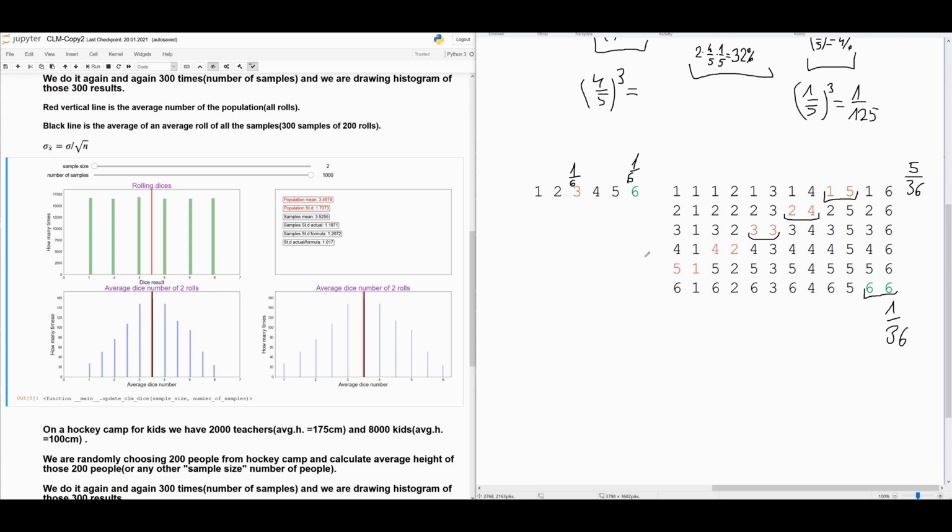We have to look at this. Here we have all 36 possible combinations. And only one of those, 6 and 6, gives you an average equal to 6. And 5 of those give you an average value of 3.